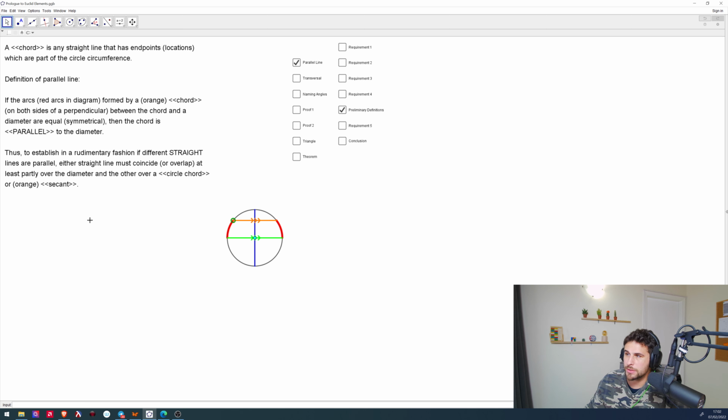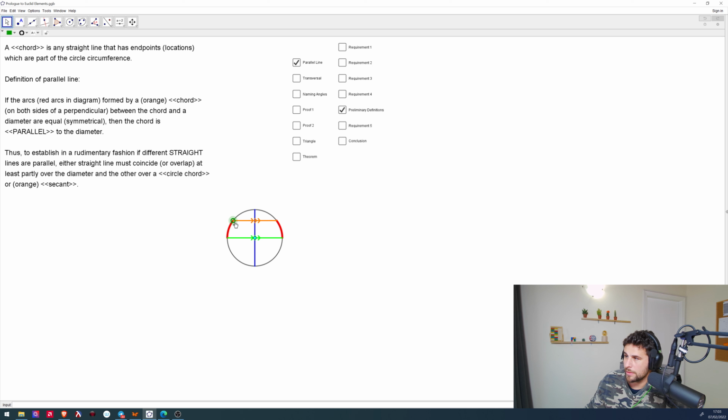Thus, to establish in a rudimentary fashion if different straight lines are parallel, either straight line must coincide or overlap at least partly over the diameter and the other over a circle chord or orange secant. So this is the diagram here. We have this diameter, this is the circle, and through the center this blue line is the perpendicular.